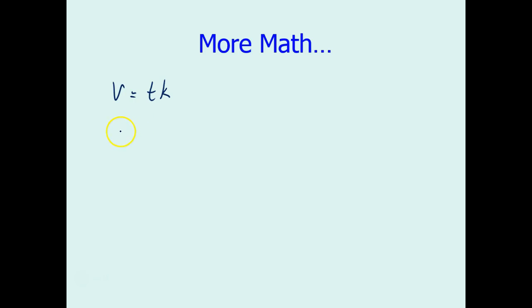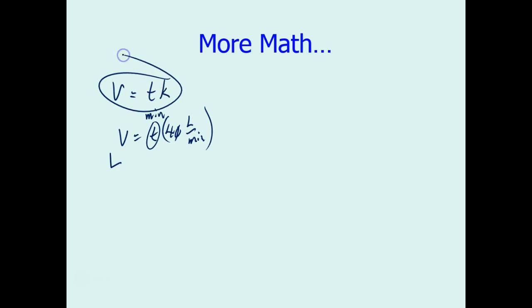Then the volume would be T times 40 liters per minute. Now, of course, if you look at this carefully, you'll see T must be in minutes and volume will be in liters, okay? And that's what they use, okay? Now, they say use that same problem here, same procedure, same formula, this one right here, where K is your flow rate.